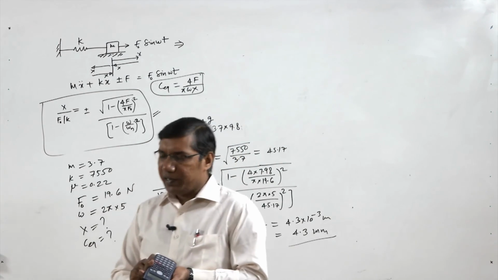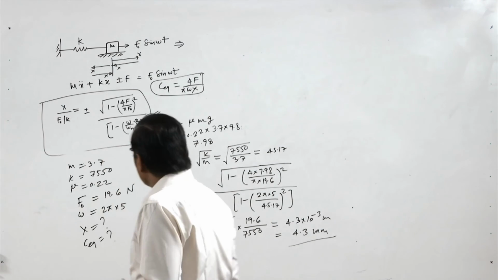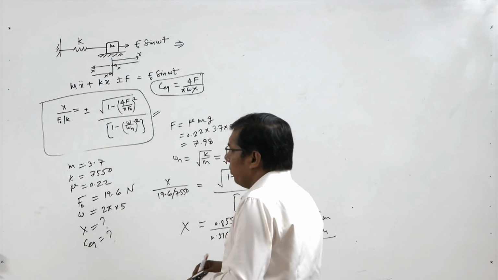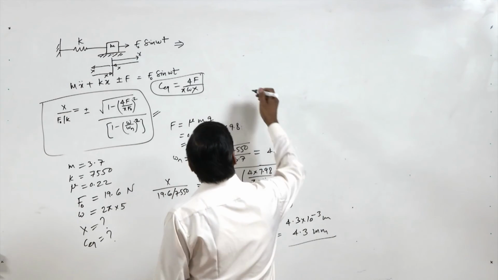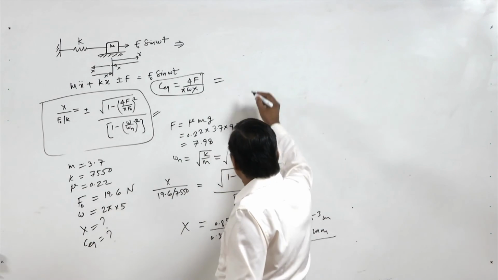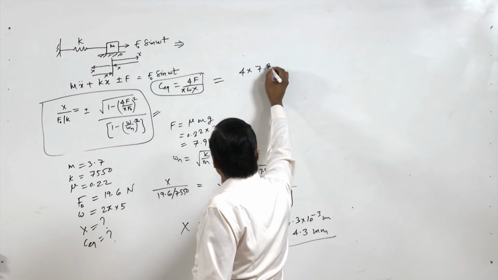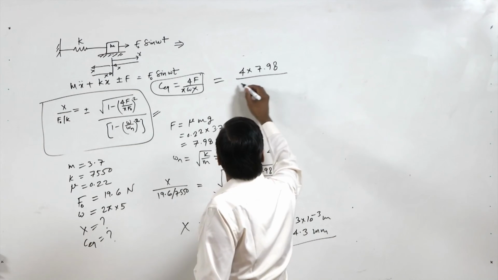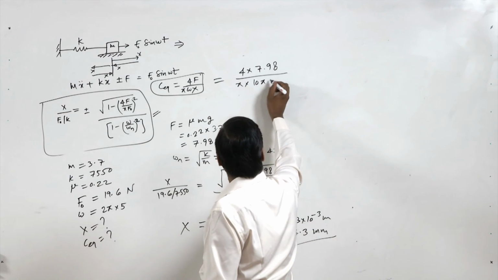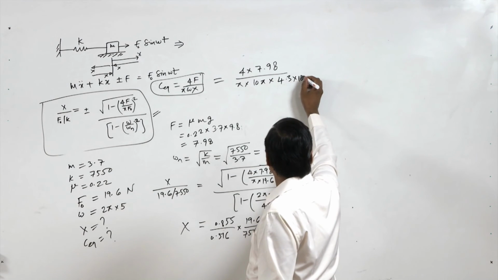So we get the amplitude of vibration of the mass that is under the Coulomb damping. Now we have to find the equivalent viscous damping. So equivalent viscous damping, we know C equivalent equal to 4F by pi omega x. So 4 into F, so F is 7.98, upon pi into omega. So omega is here 10 pi into x. X we have already calculated, 4.3 into 10 power minus 3.